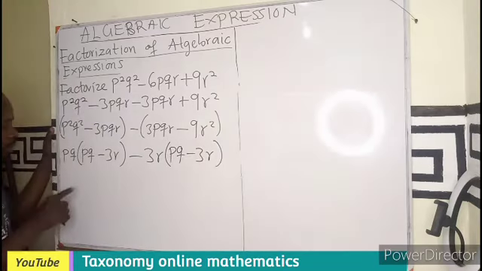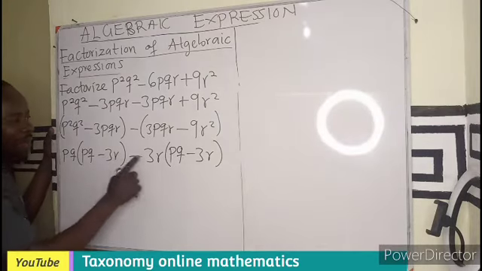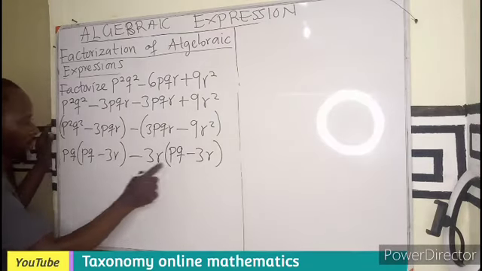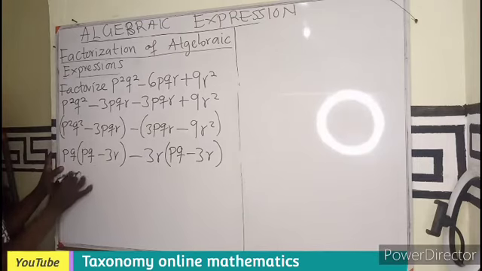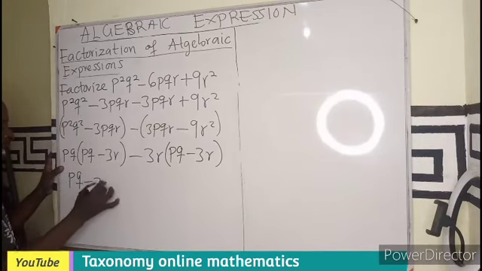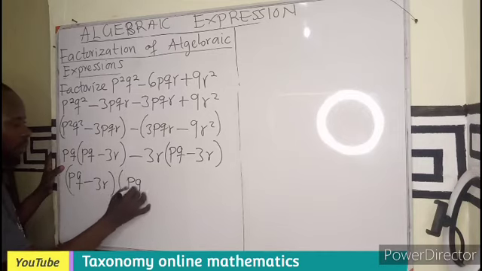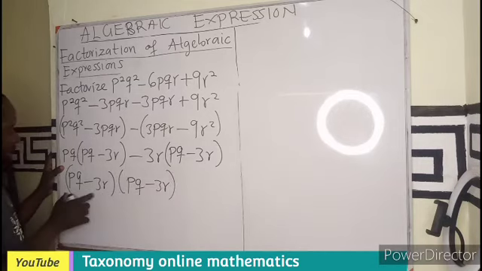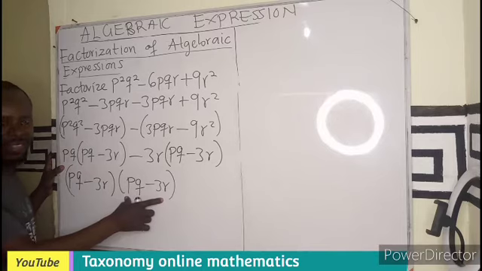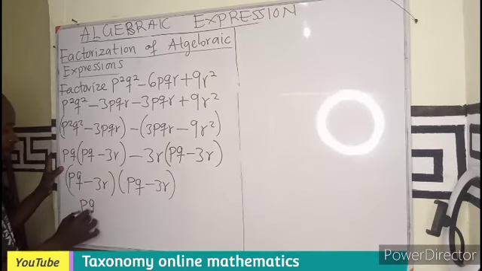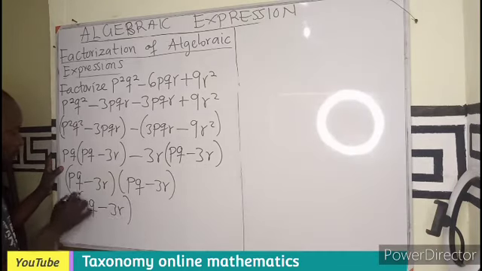R. PQ, 3R. PQ, 3R. So I take the bracket out, minus 3R, pick one of the bracket. So this is the same as this, as you can see. So that simply means PQ minus 3R all what?